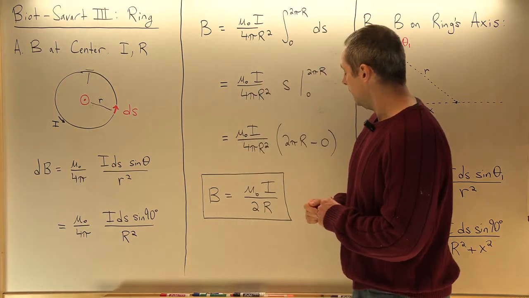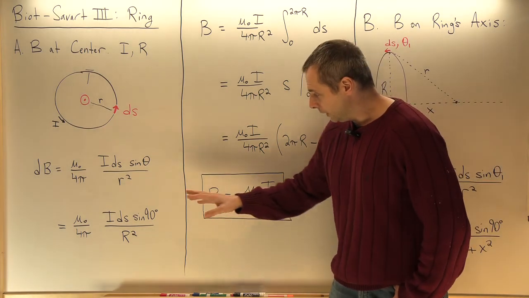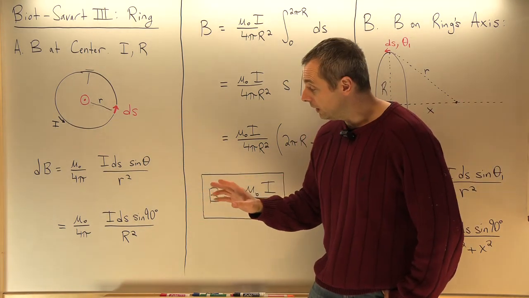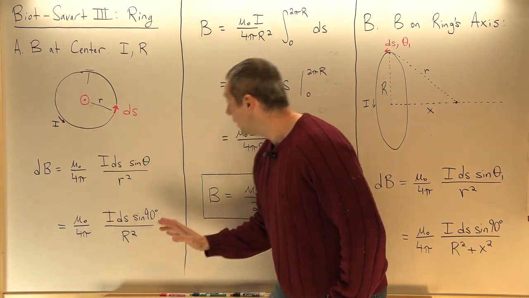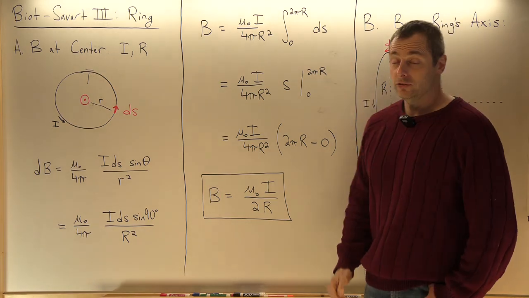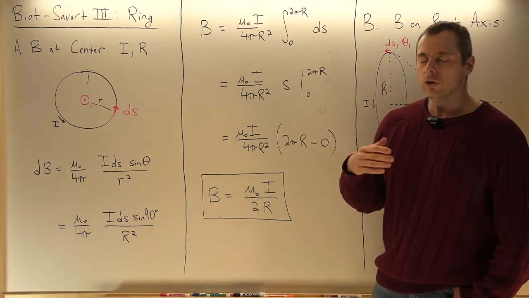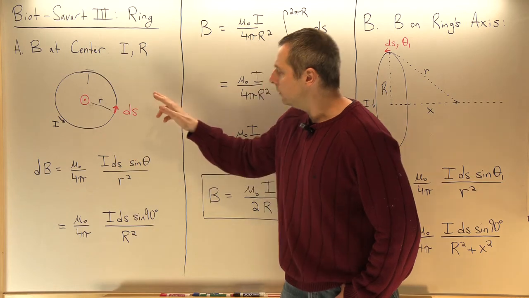Okay, moving on. We're going to integrate, so we first realize that all the variables are constant over the integration. Mu 0, I, 4 pi, and r squared I took out of the integral. All that's left to integrate is ds, the arc length. What does s start at and end at when I integrate completely around a circle?